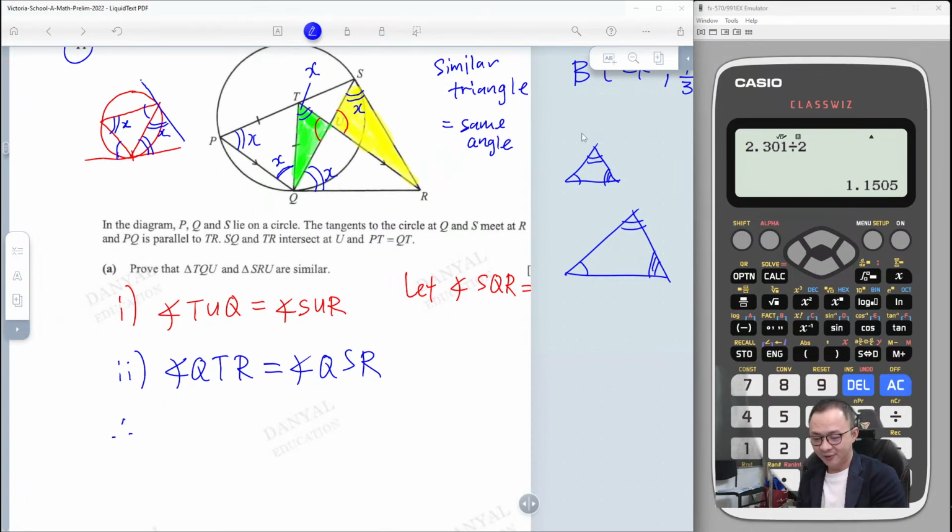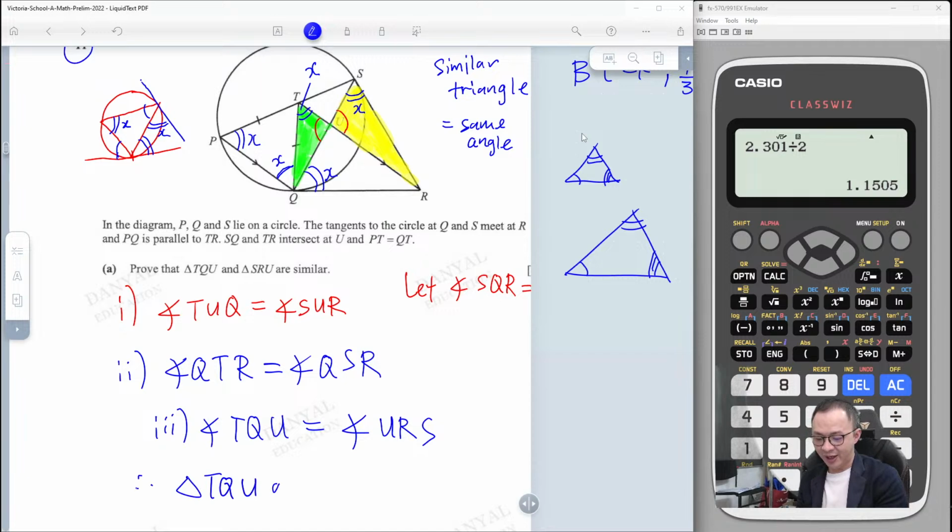Therefore, the third angle TQU must be the same with the angle of URS. So therefore, triangle TQU and triangle SRU are similar.